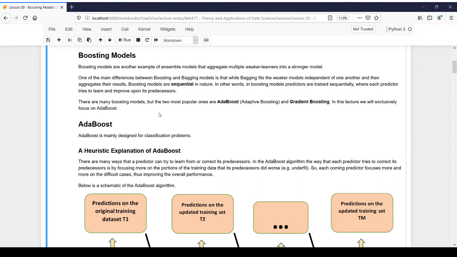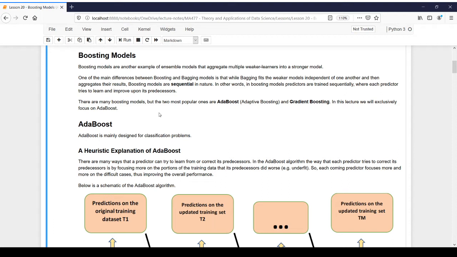One of the big differences between boosting models and random forests or bagging is that in the bagging and random forest models, you're fitting a bunch of weaker models essentially independently of one another. So you can fit them parallel to one another and then just aggregate their result at the end of the day. On the other hand, boosting models are what we call sequential in nature.